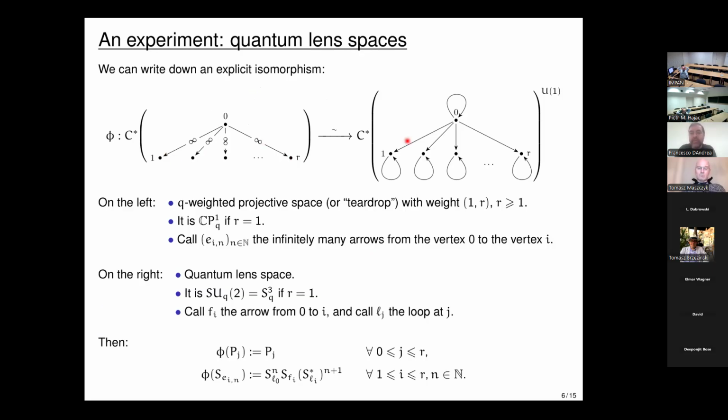Now you go from the quantum sphere to the core of SUq(2), and this is not a covariant induction. It's covariant induction with an extended graph, because you take one arrow on the left, you send it to n loops, you go down, and then n plus 1 loops in the extended graph, in the wrong direction.